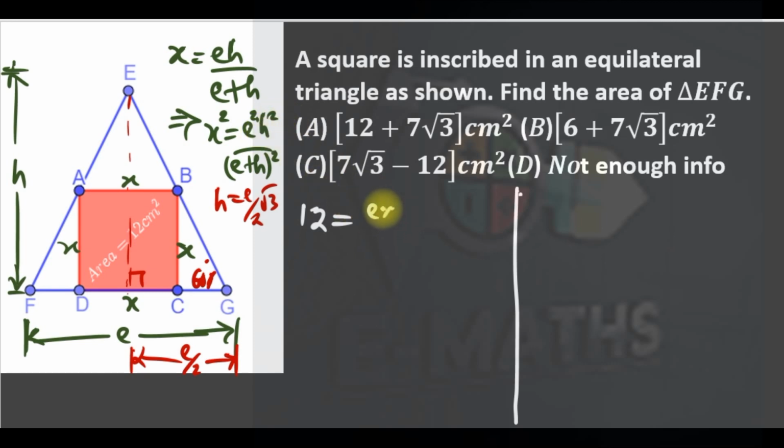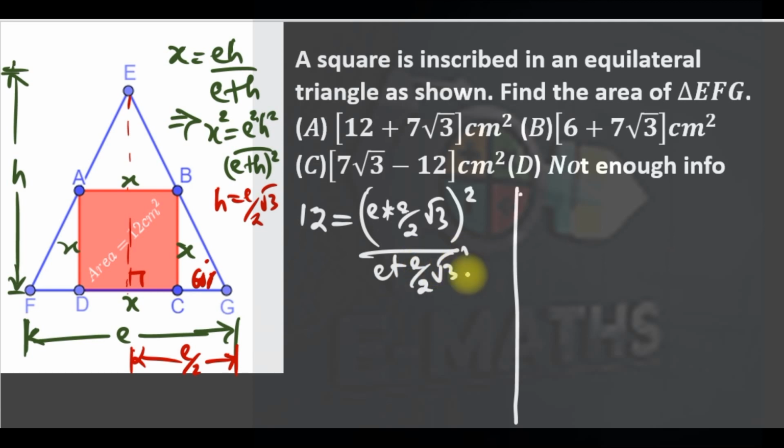But I told you that H is E over 2 root 3. So all squared. Do you get EH all squared? I expanded it here. H is this all squared over E plus E over 2 root 3 all squared. So continue.